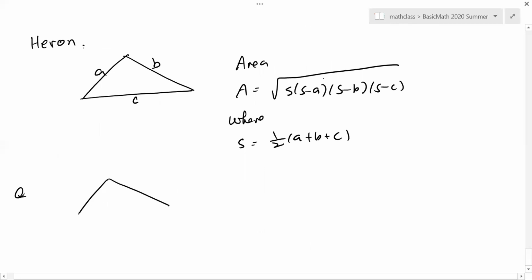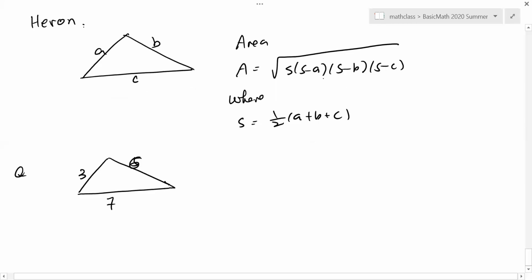For example, I randomly write down numbers. I'm going to use 3, 6, and 7.